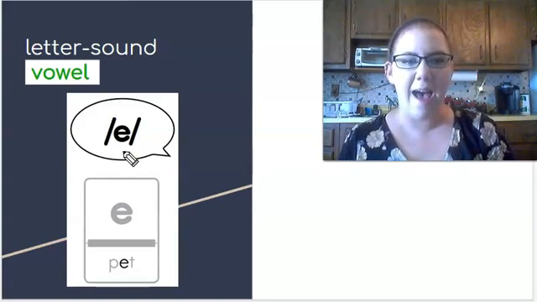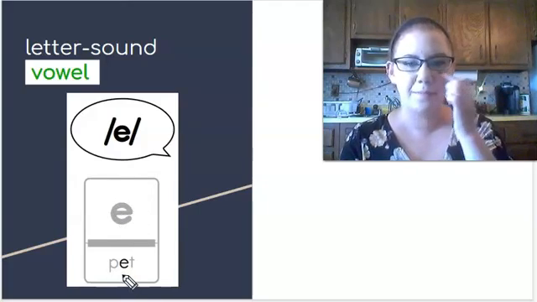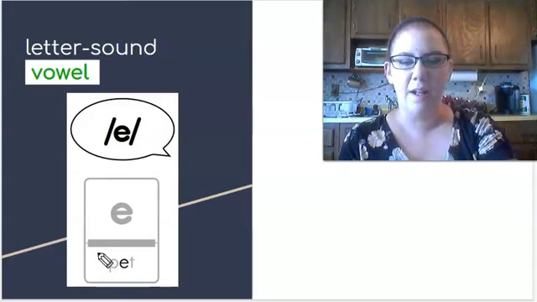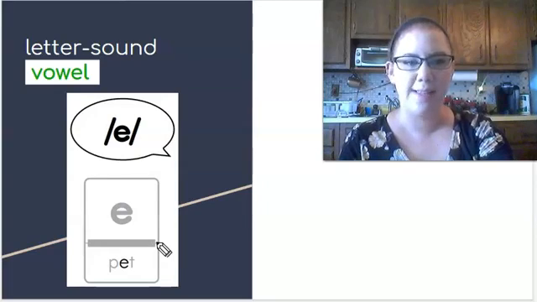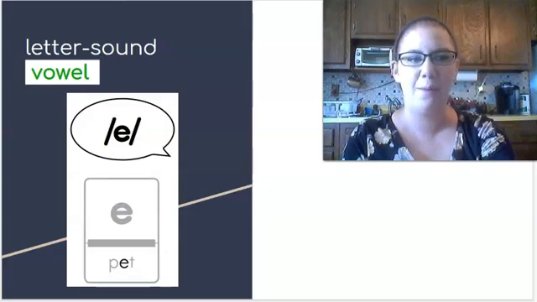Eh. It is spelled with an E, as in pet. That power bar is pretty long. What does that mean? That means it is very common to spell with an E.